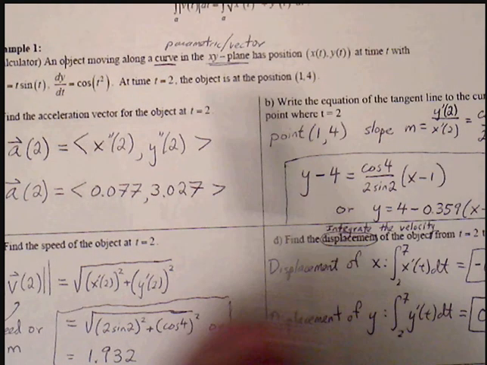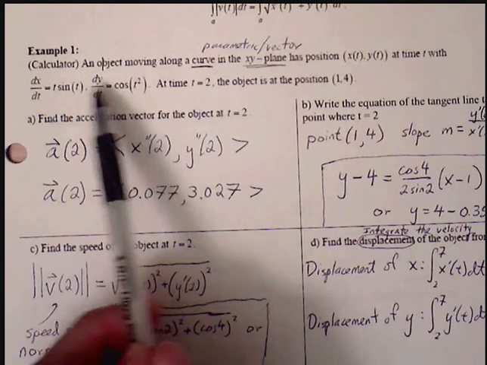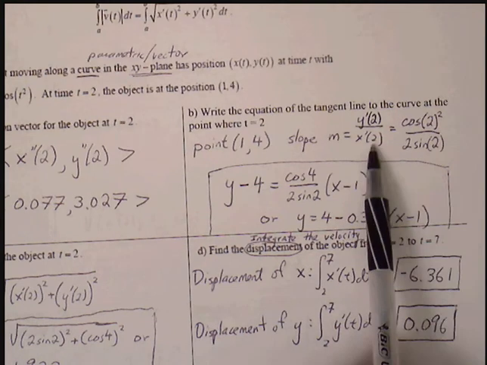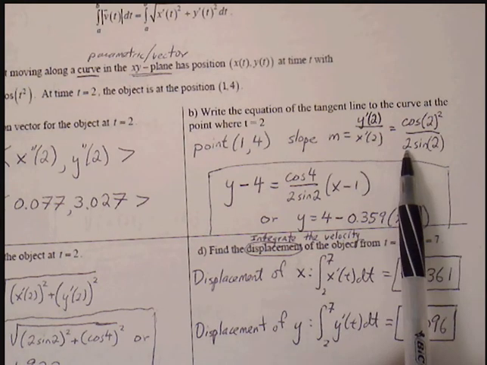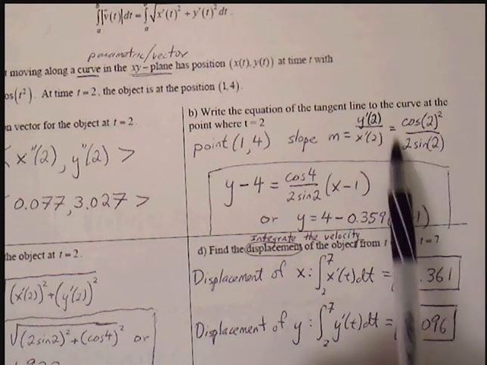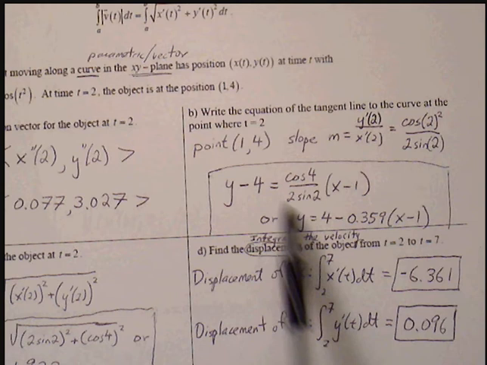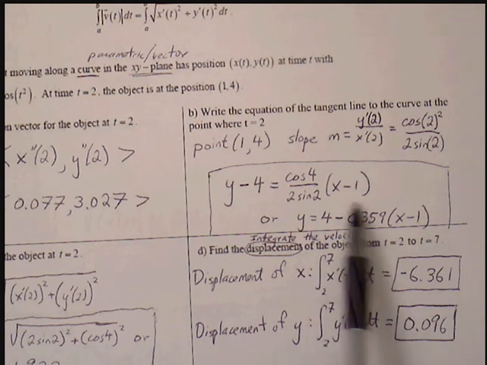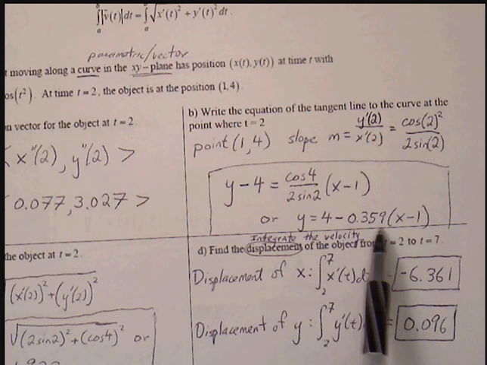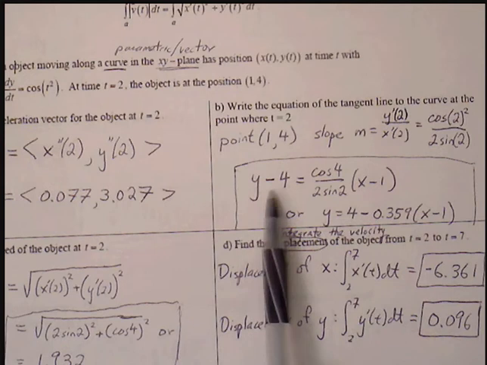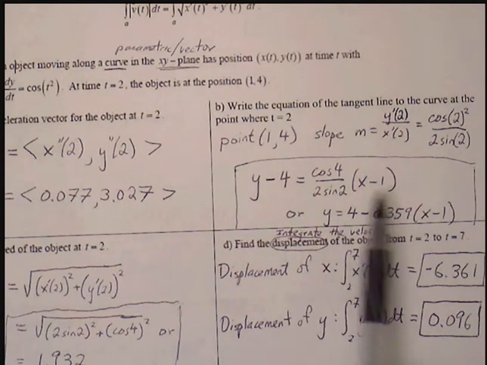We already have y prime and x prime, so we simply plug them in. y prime of 2 will be cosine of 2 squared. x prime of 2 is t sine of t, so replacing t with 2, we get 2 sine of 2. We can either leave that as the slope, or evaluate it further and get a decimal of 0.359. Then y minus y sub 1 is equal to slope times x minus x sub 1.